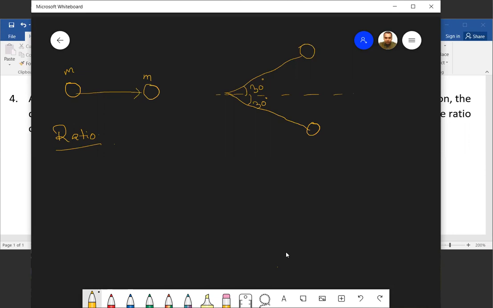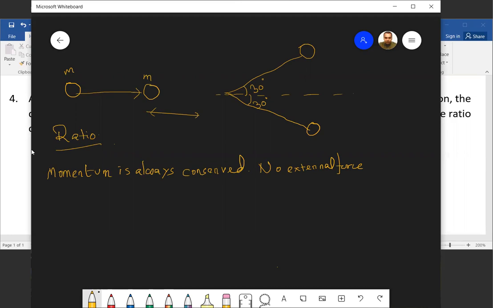So after the collision, in such a collision, the momentum is always conserved. So why is momentum conserved? Because there is no external force. Therefore, momentum is always conserved before and after collision.